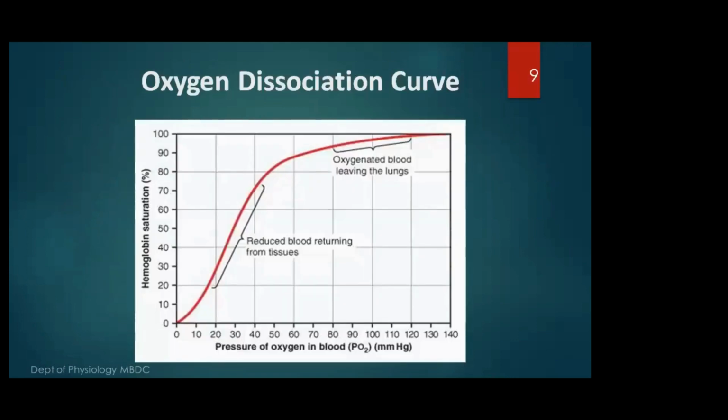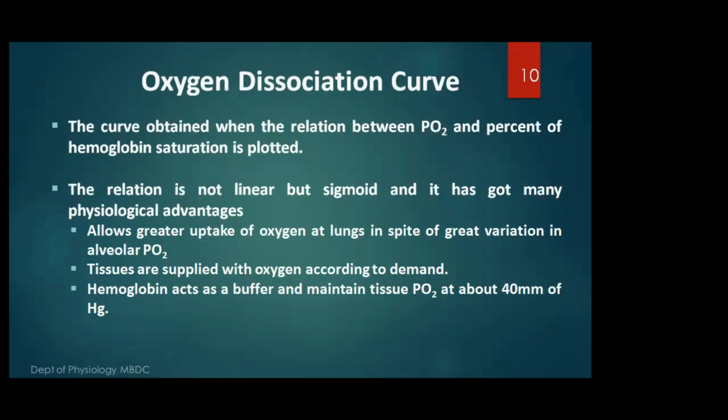This is the diagram of the oxygen dissociation curve. It has an upper part that is called the loading zone and a lower part that is called the unloading zone. This curve is obtained when the relation between partial pressure of oxygen and percentage of hemoglobin saturation is plotted. This relation is not linear, but it is a sigmoid shape.